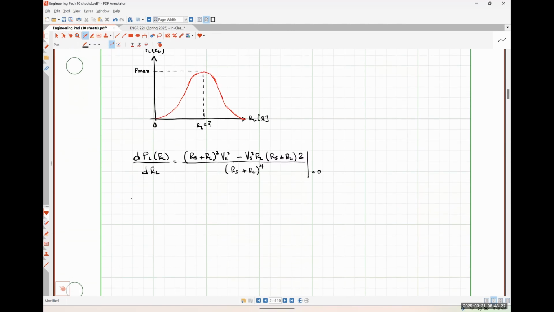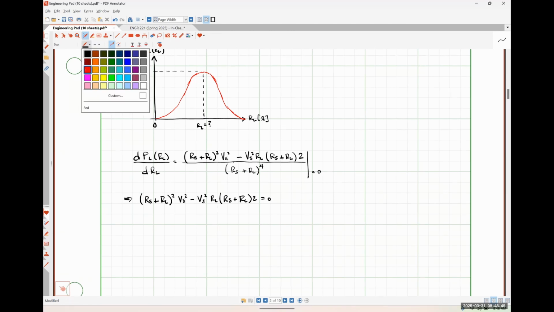So I have (RS plus RL) squared times VS squared minus VS squared RL times (RS plus RL), all times 2, is equal to 0. So let's see if there's anything that we can simplify really quickly. There's a common term of VS squared that can be gotten rid of, right? If I divide both sides through by VS squared, 0 over VS squared is still 0, so that changes nothing. I can throw away that common term.